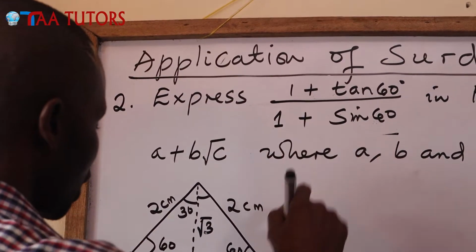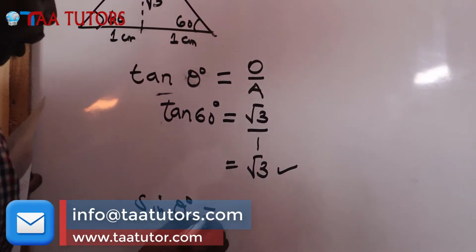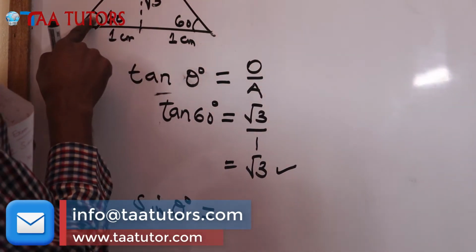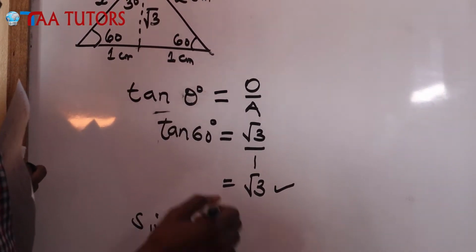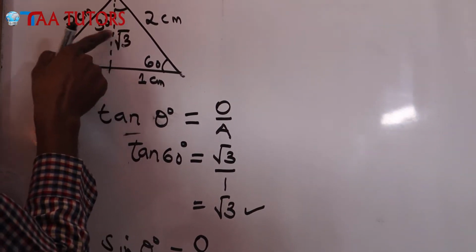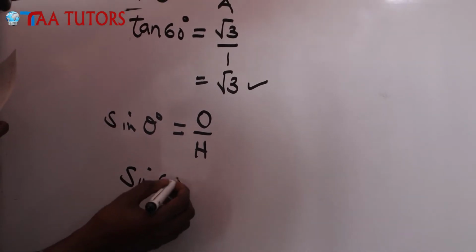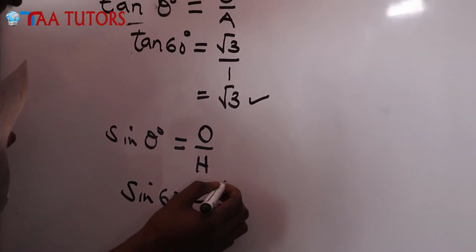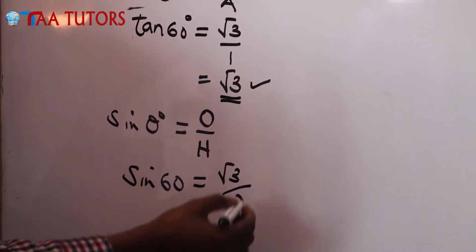So let's go to sine 60. The sine of theta, theta is our 60 here. The sine of theta is equal to opposite over hypotenuse. So if this is sine 60, the opposite line is this, √3, hypotenuse is this. So sine 60 degrees is √3 over 2. Now we have our tan 60, we have our sine 60.